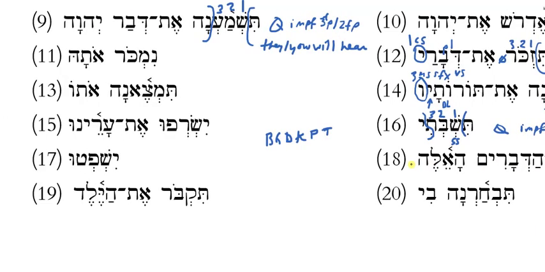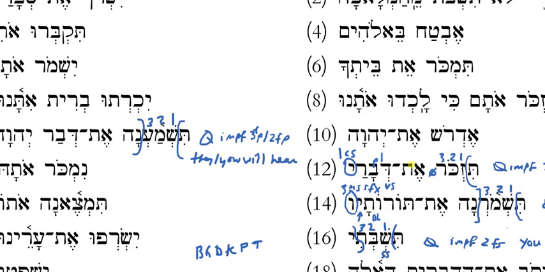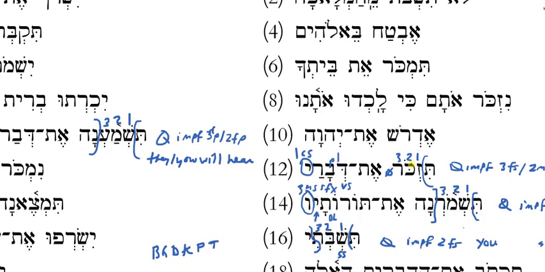Any other questions on the drills here? Can you say one more time? You said vav at the end. It's masculine, but you said it was what kind of suffix? The third. It's a third masculine singular, which means his.